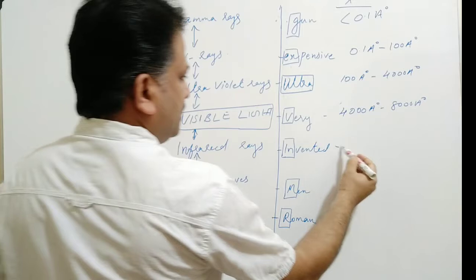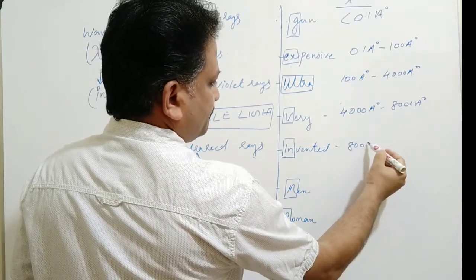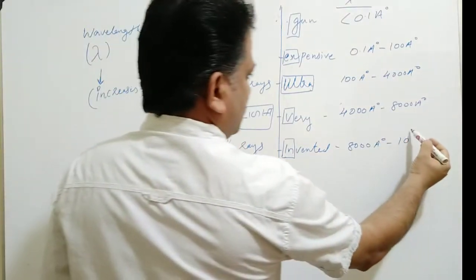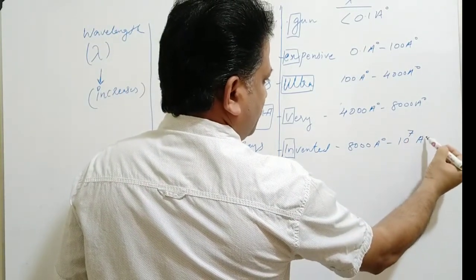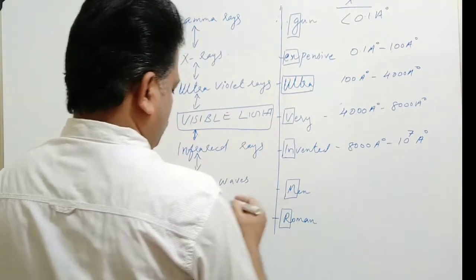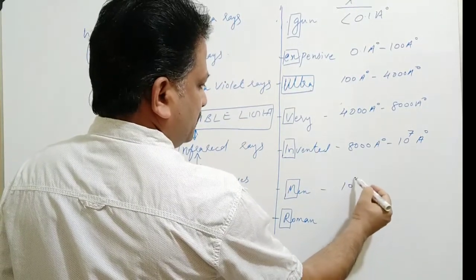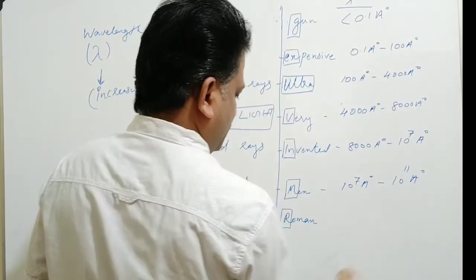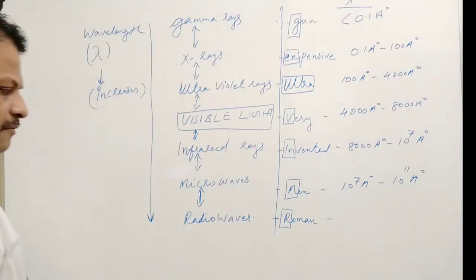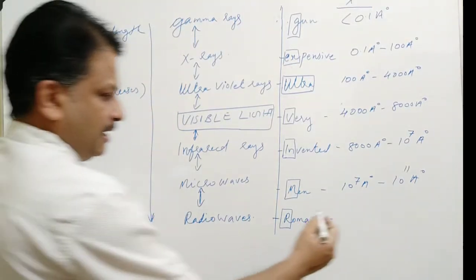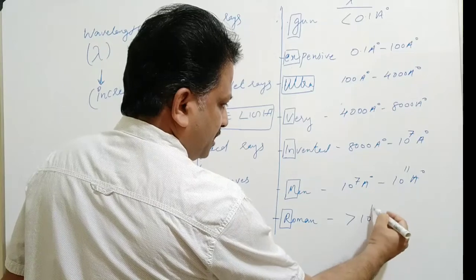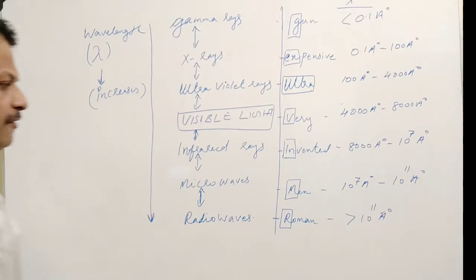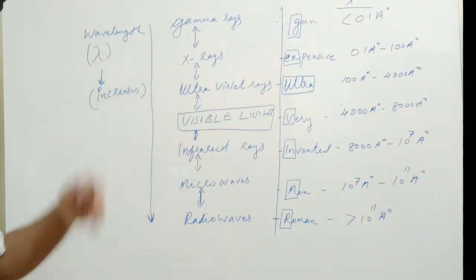For infrared, it is 8000 angstrom unit to 10 to the power 7 angstrom unit. For microwaves, 10 to the power 7 angstrom unit to 10 to the power 11 angstrom unit. And for radio waves, which have the maximum wavelength, it is greater than 10 to the power 11 angstrom unit. So this is the wavelength range of the different regions of the electromagnetic spectrum.